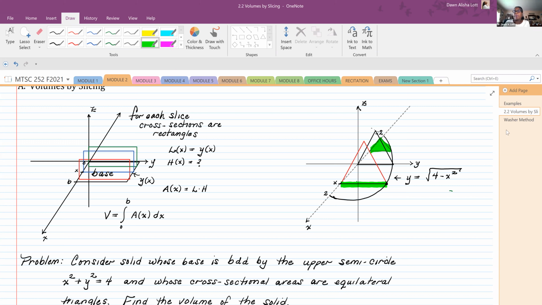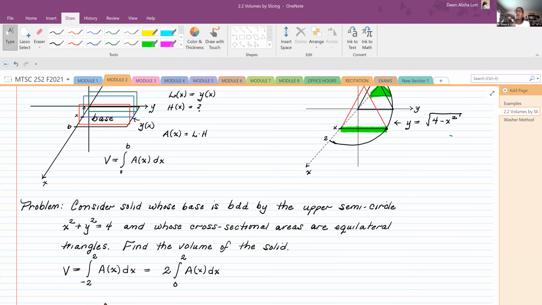That's the A. Whatever's standing up in the air, you have to find the area of that thing. If you can find the area of one slice of bread and then add them all up, you have the area of the whole slice of bread, right? But that's just adding things up, which is just the integration.